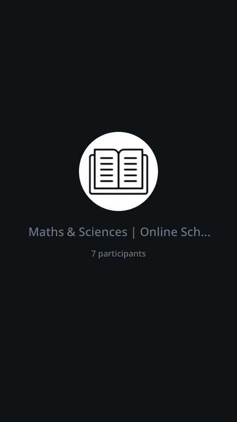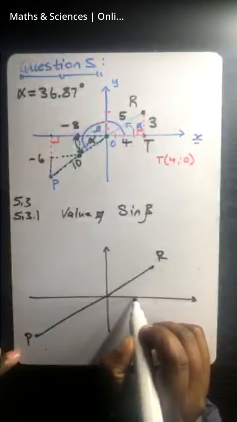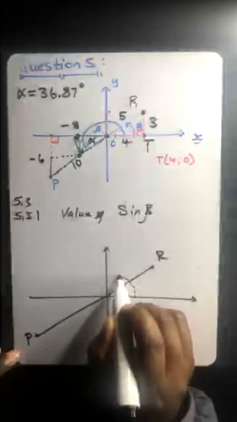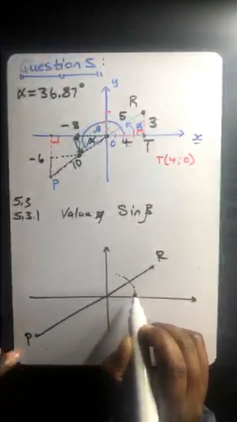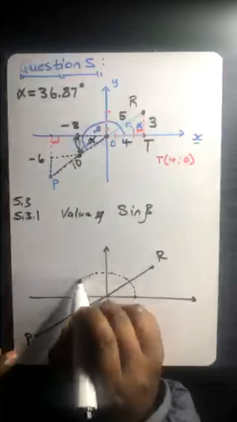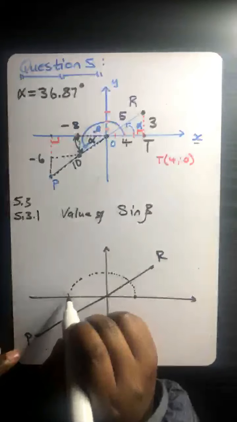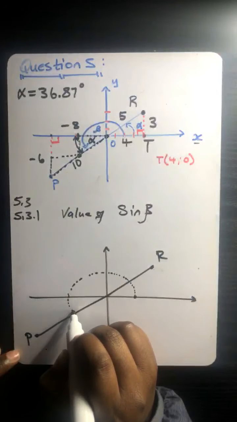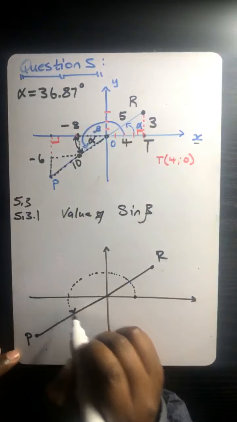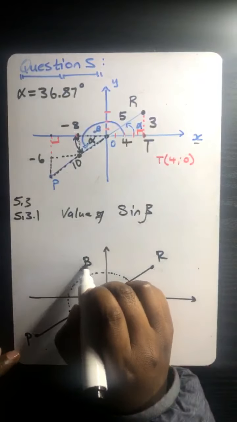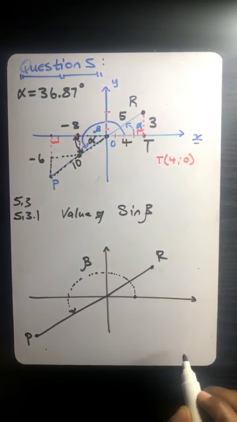Okay, so let's start. Do you agree that angle beta starts from there and goes all the way up to there, passes that point and then ends there? Does it make sense what I've just explained, Shreyas? This is angle beta. Does it make sense?